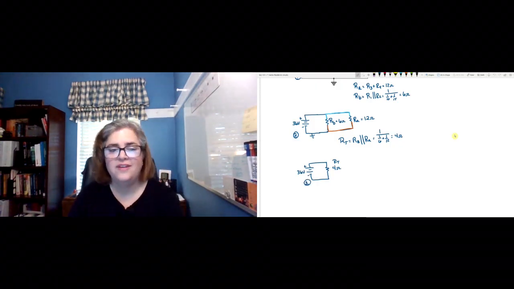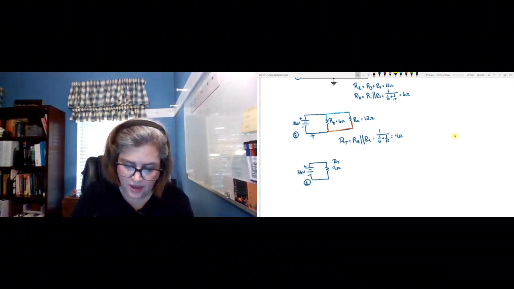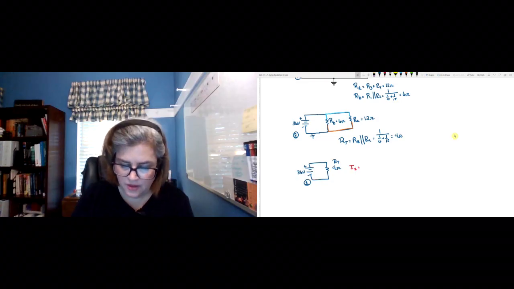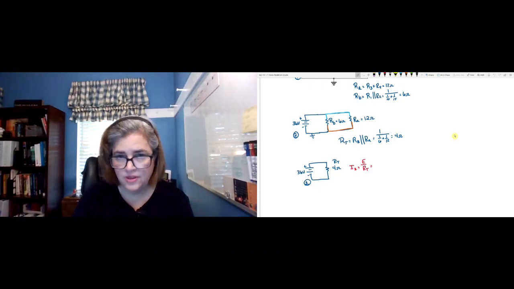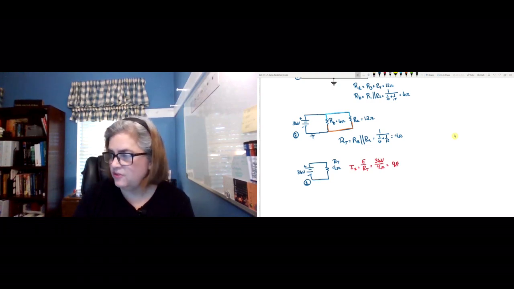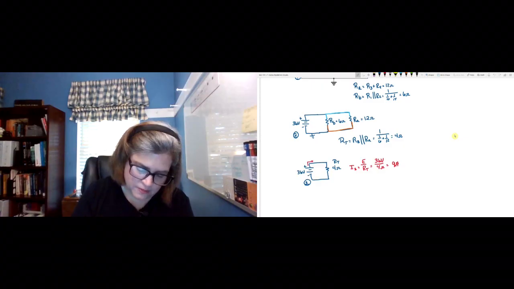Okay, so what does that tell us? Well, this is where we can now find our source current. I sub S is going to be E over RT, just like we found for series and for parallel circuits separately. When we put them together, the same is true. We have 36 volts applied to essentially 4 ohms of resistance, so we're supplying the circuit with 9 amps. I'm just going to draw that 9 amps right there.